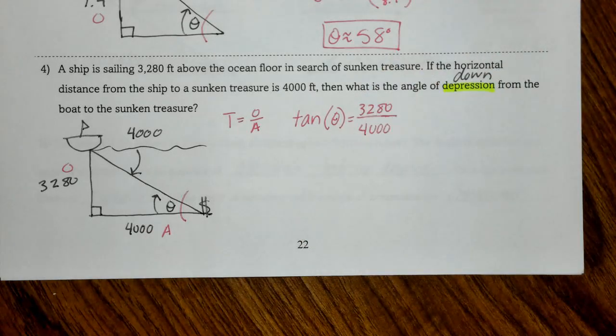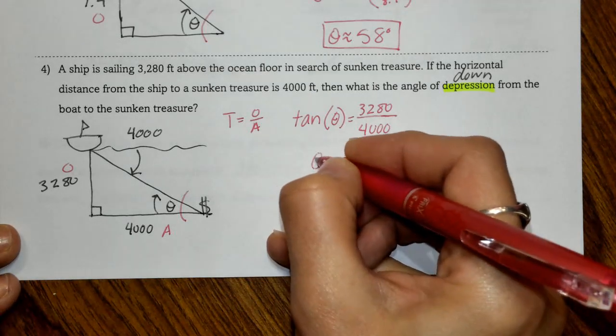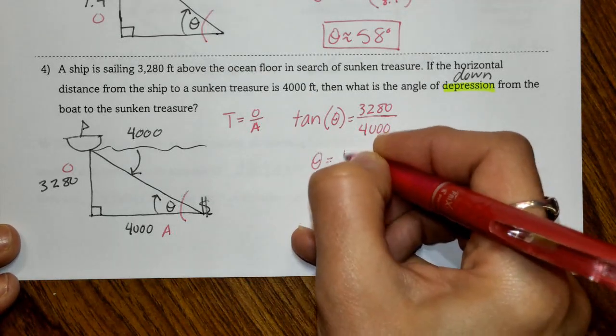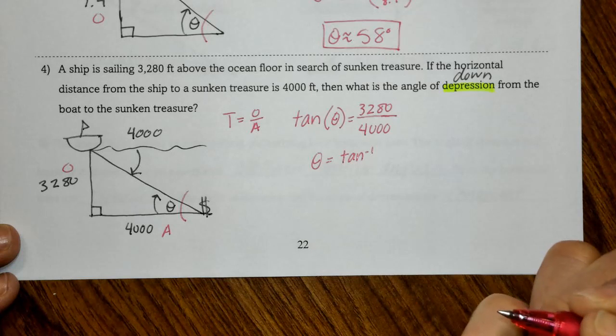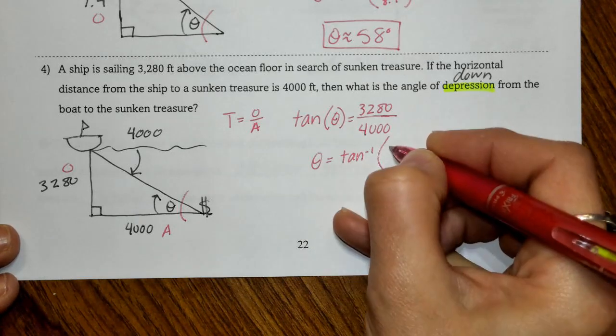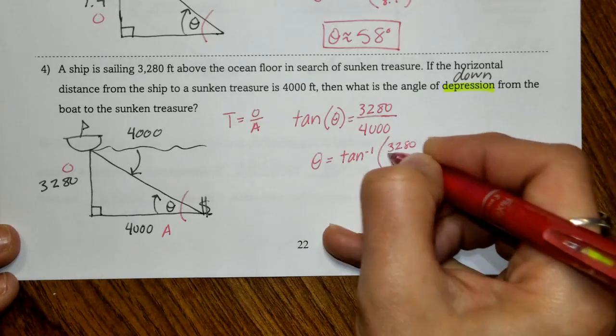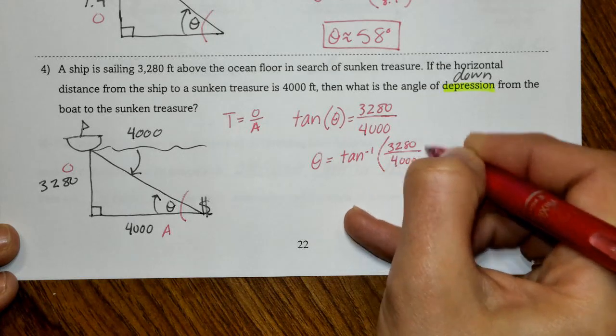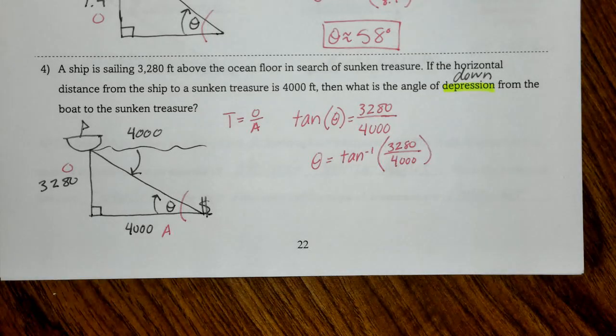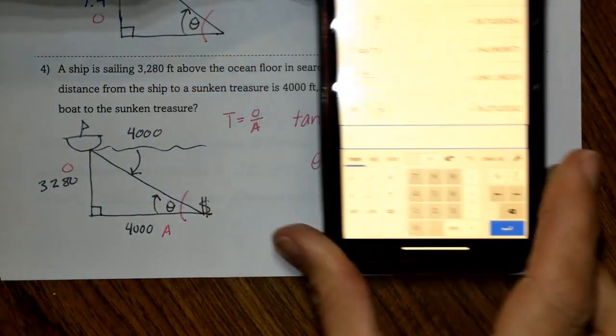You can simplify the ratio if you'd like to, but you don't have to. Because for finding the angle measurement, we need to use inverse. So we'll go ahead and take the tangent and move it to the right as the inverse with a -1 exponent of 3,280 over 4,000.